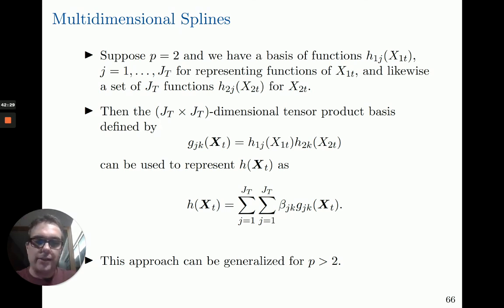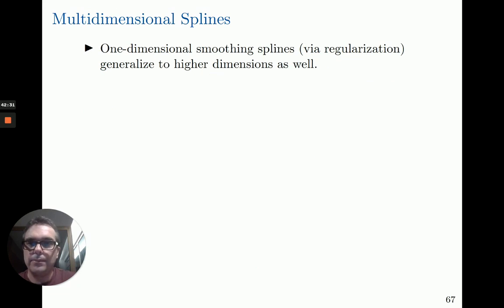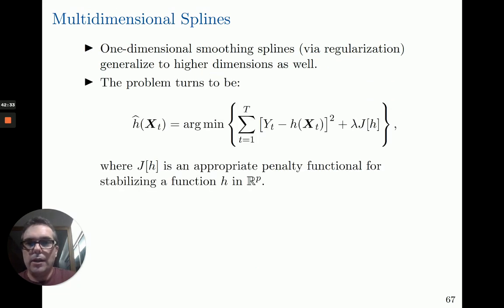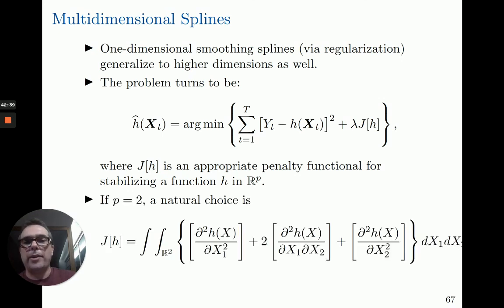We will discuss this more later on. All right, so one-dimensional smoothing splines generalize to higher dimensions. We can use regularization, and the problem is to compute this regularization term, this J, and already for p equals 2, this involves a double integral that could be a little bit difficult to evaluate, okay?